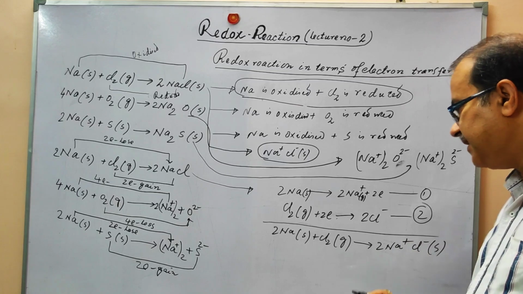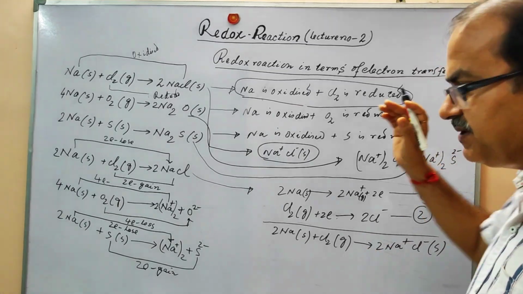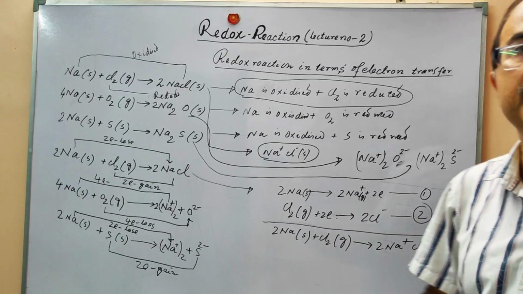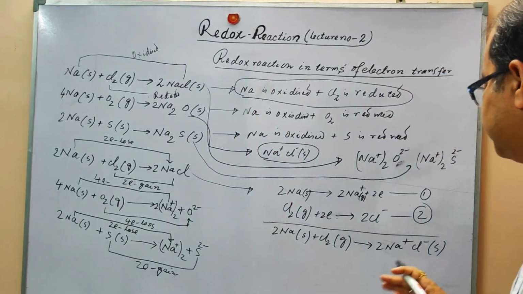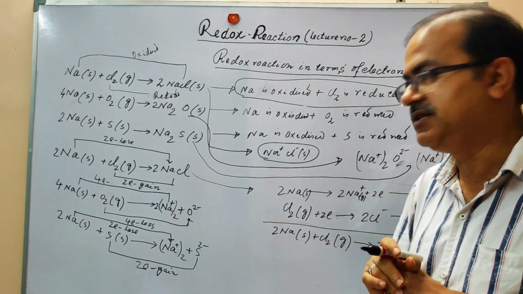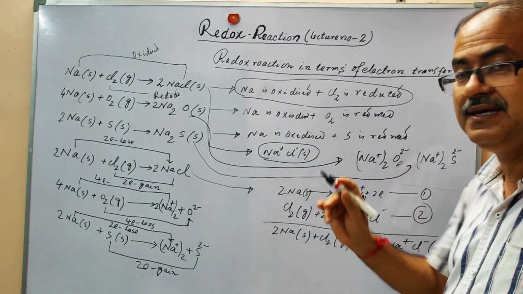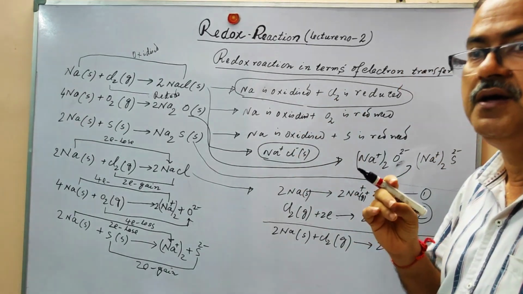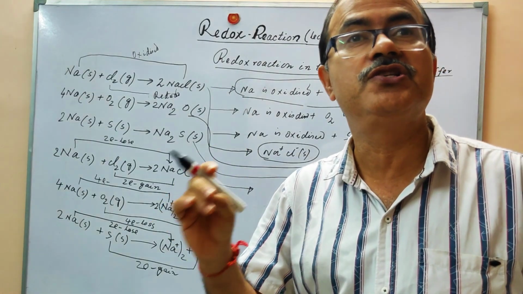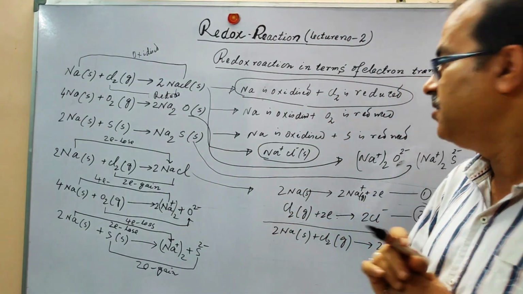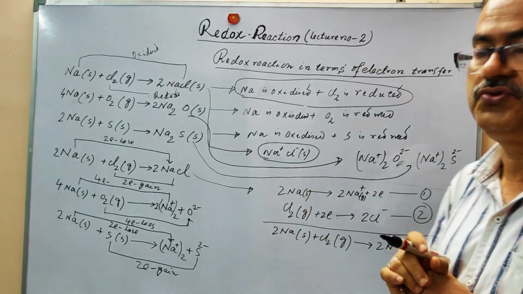So what we get here? We get that there are basically 2 steps in which this reaction is completed, and when we add these 2 steps, it will become the complete step. So in this stage, what we find from the classic idea of oxidation and reduction is that sodium is oxidized and chlorine is reduced.